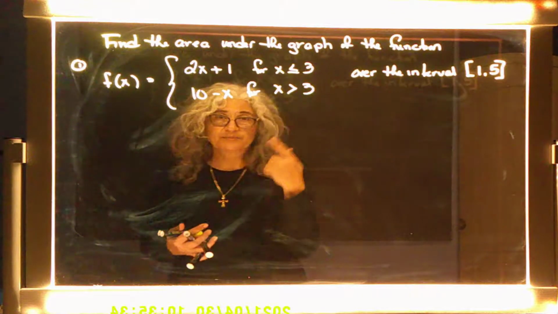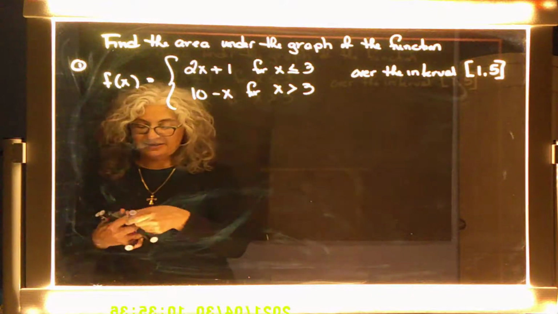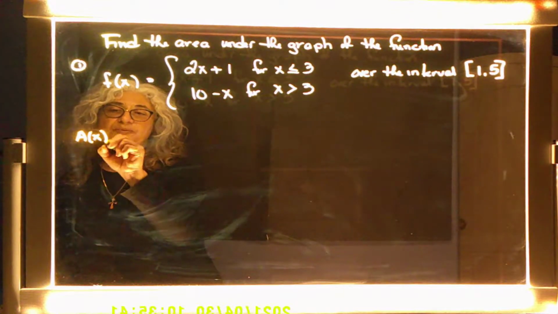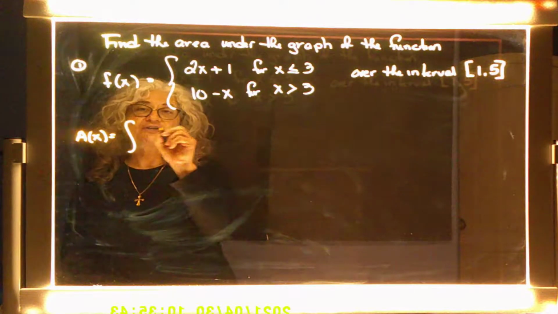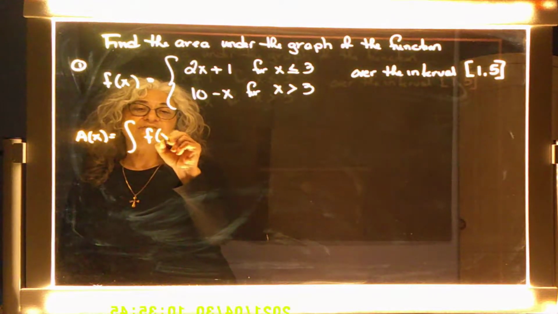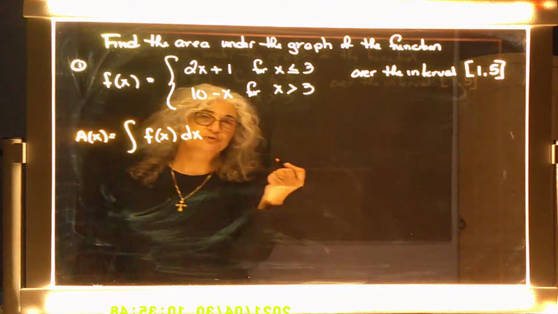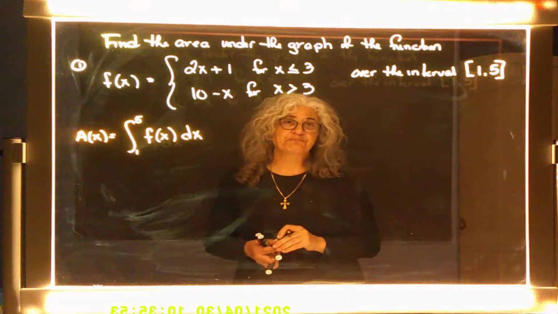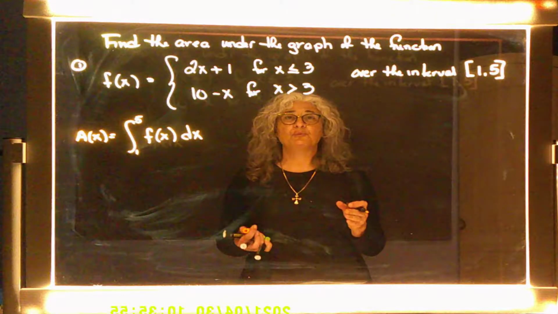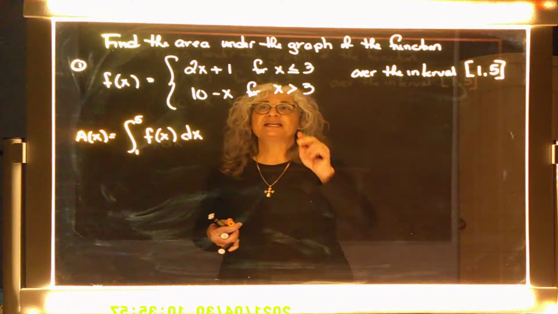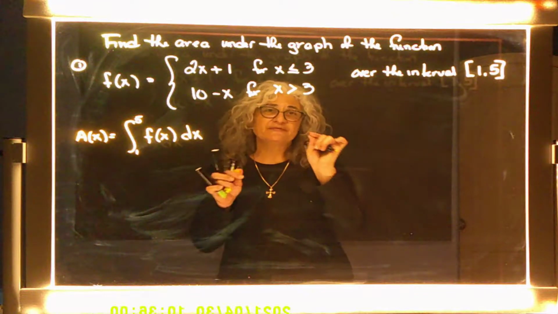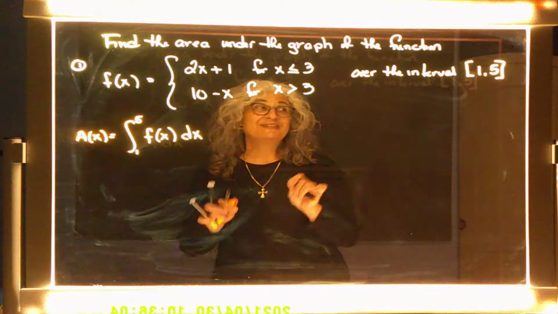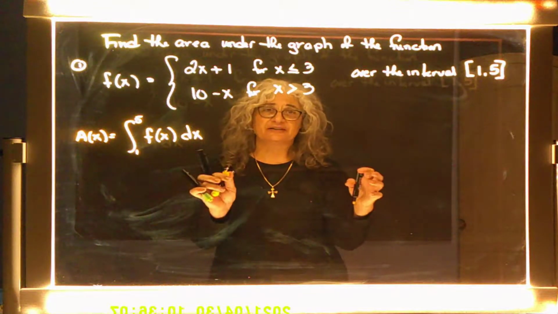So here's what I'm hearing them say, that they would like us to find the area, so I'm going to put A of x, of the function, and I'm just going to write f of x with dx with respect to x. The interval is from 1 to 5. Agreed? Now, if I take a look from 1 to 5, I'm noticing that neither one of these pieces deals with the entire interval from 1 to 5.